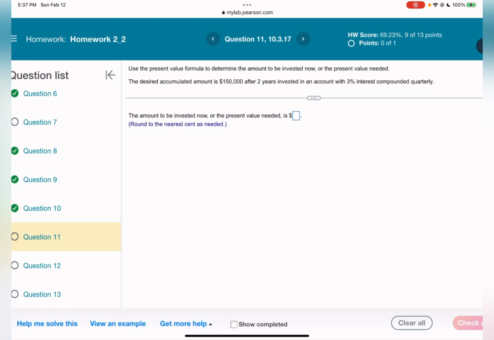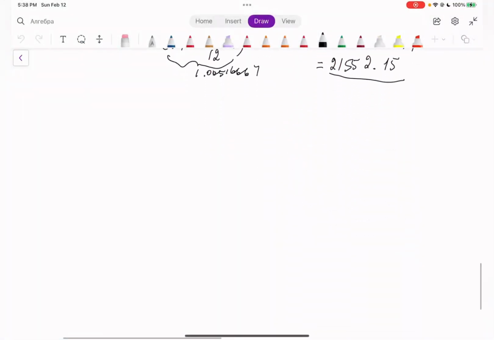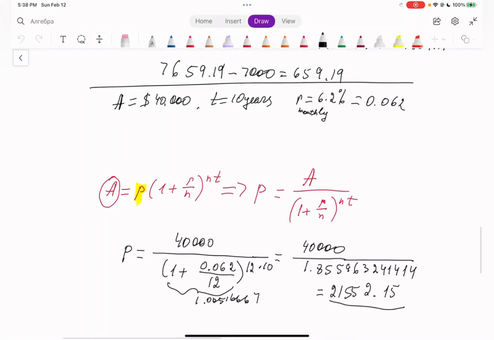So I am investing, or whoever is investing. Oh, I can clean this data. The desired amount I want to get this time is 150,000, after 2 years.